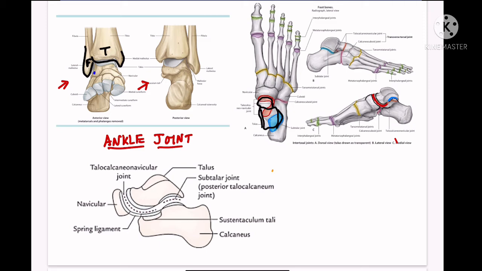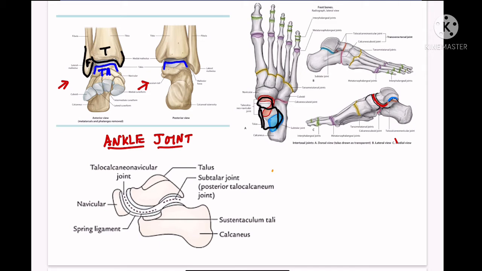So here goes the upper surface of the body of talus. So in between these three bones, the ankle joint is formed.